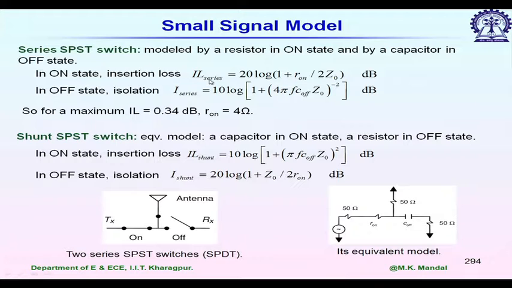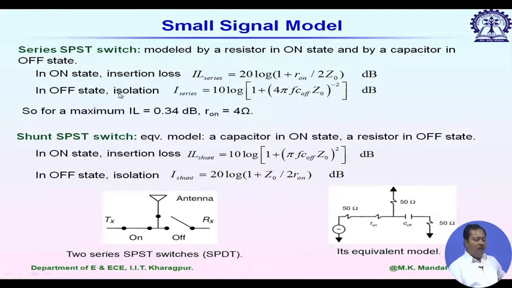When the switch is on, the left hand side is connected to the right hand side, and we replace the switch by a few ohm resistor, which is R on. If you calculate S21, that is equal to, in dB, 20 log 10 of 1 plus R on divided by twice Z0.